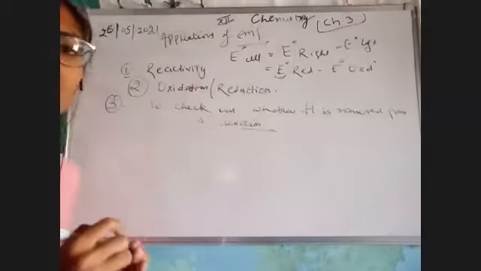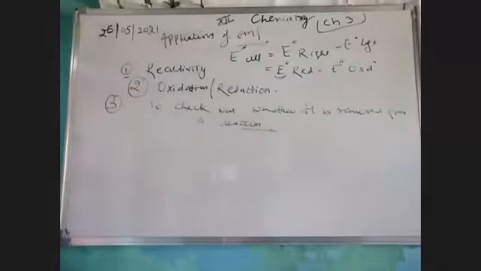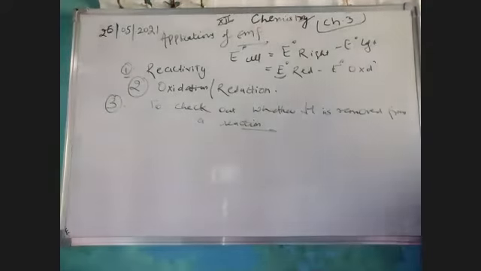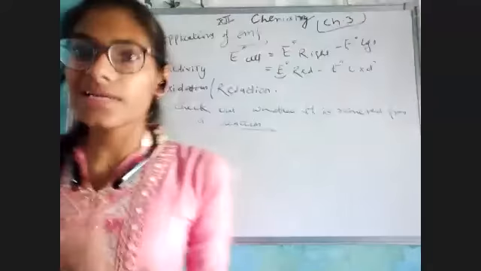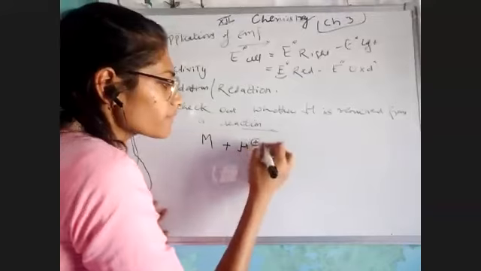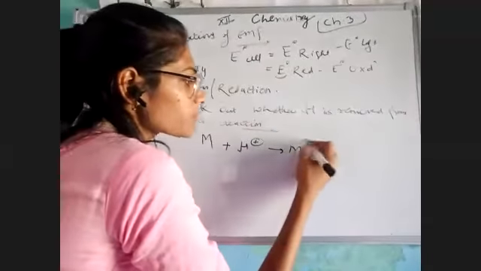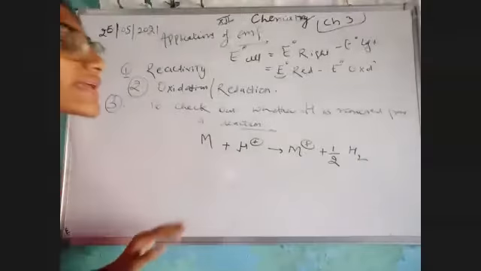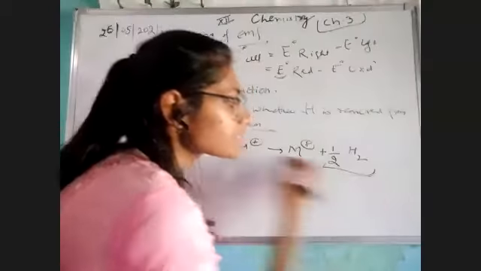So it just wants to say that suppose we have any kind of reduction, and we need to calculate whether, on reacting with a metal, it would release hydrogen gas or not. So suppose we have metal plus H positive, it would give metal positive plus half H2. Only then we can say that yes, hydrogen gas is released.